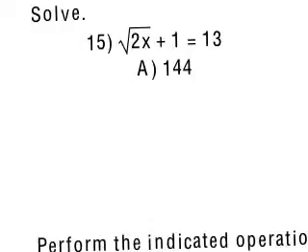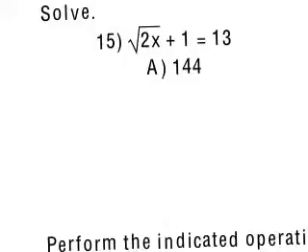Number 15. We're more than halfway through this thing. We've got the square root of 2x plus 1 equals 13. It's a radical equation. So what we do with this is we try to get the radical on one side and everything else on the other side, and then we square both sides. So we add a negative 1 to both sides.